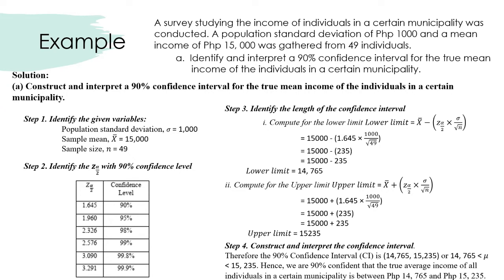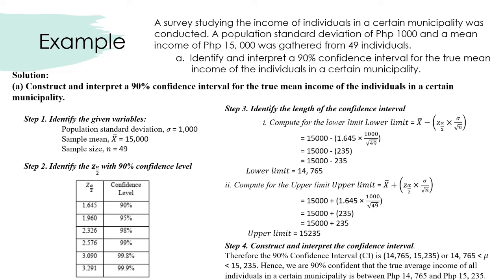Next, let's compute for the upper limit, having a formula of upper limit is equal to X bar plus Z alpha half multiplied to sigma divided by the square root of N. Again, we will substitute the given in the formula.